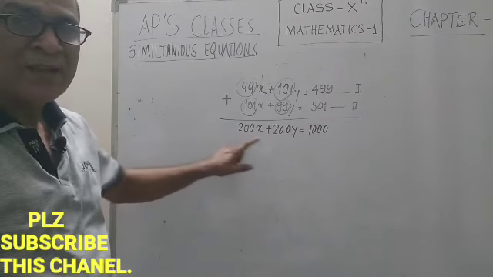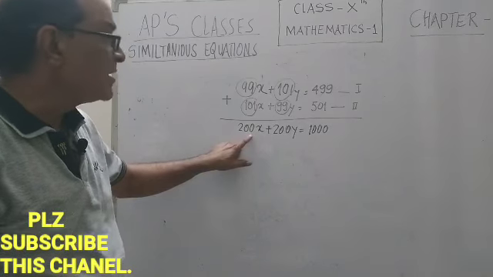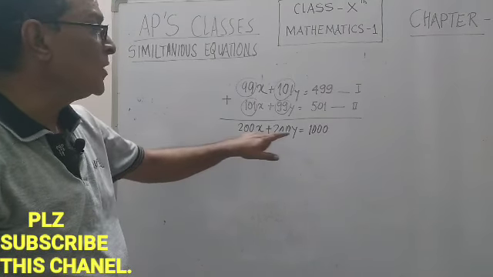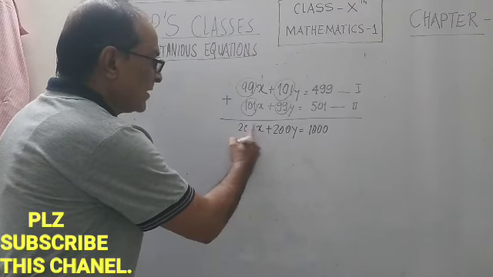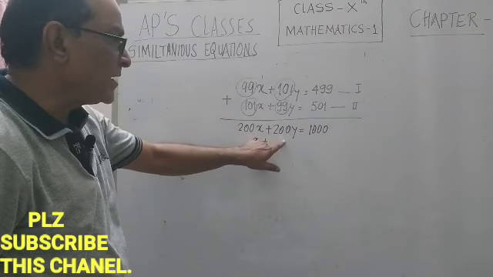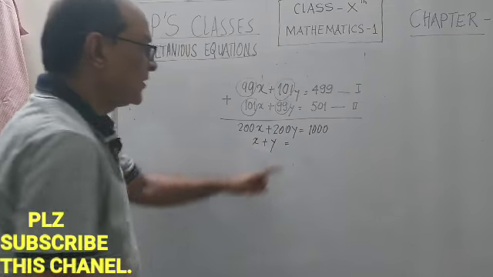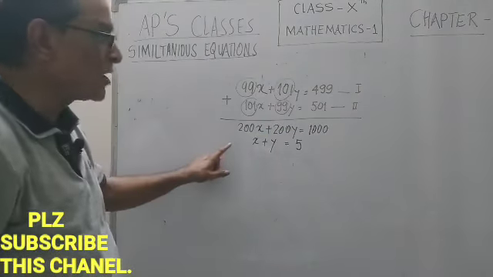You see, the figures are large, but the equation has become simple. You can simplify it again by dividing each term by 200. 200x divided by 200 is x, 200y divided by 200 gives y, and 1000 divided by 200 is 5. Isn't it a simple format?